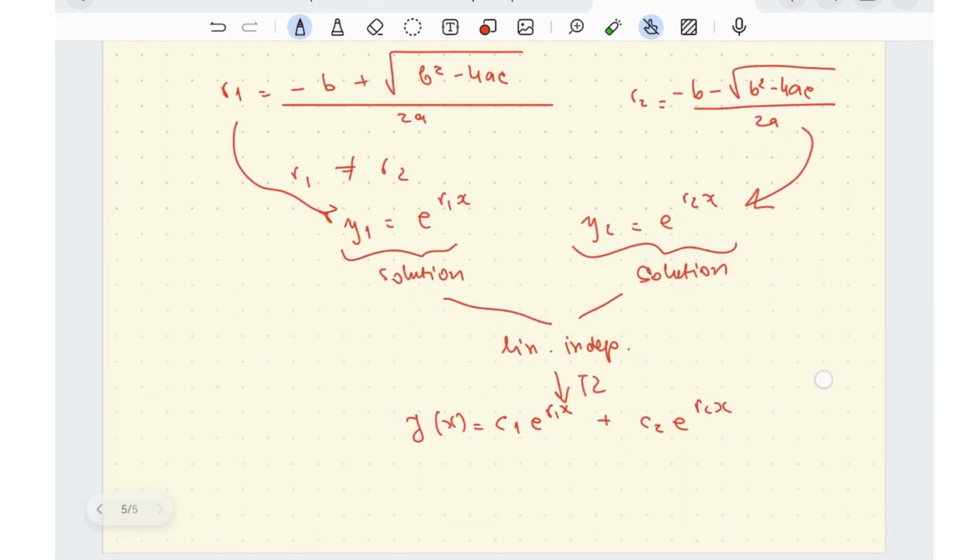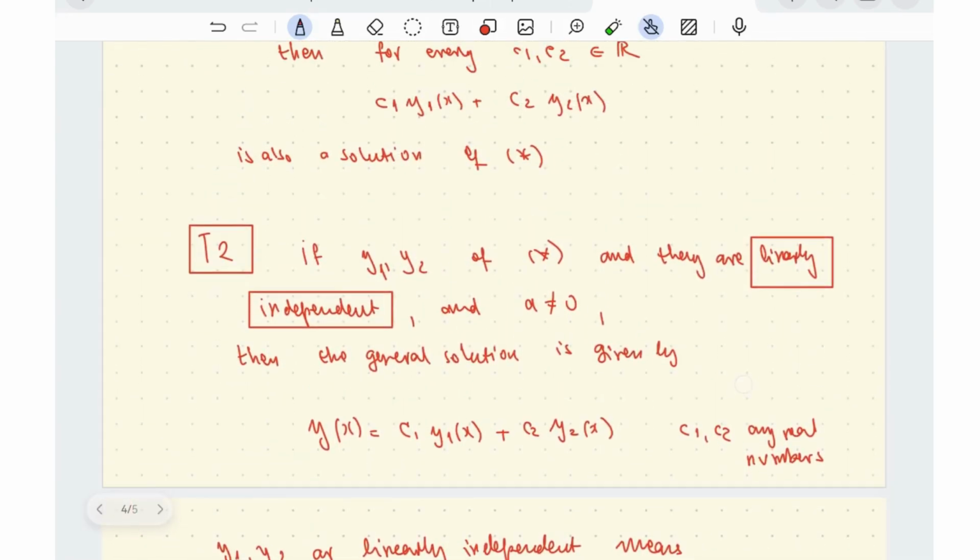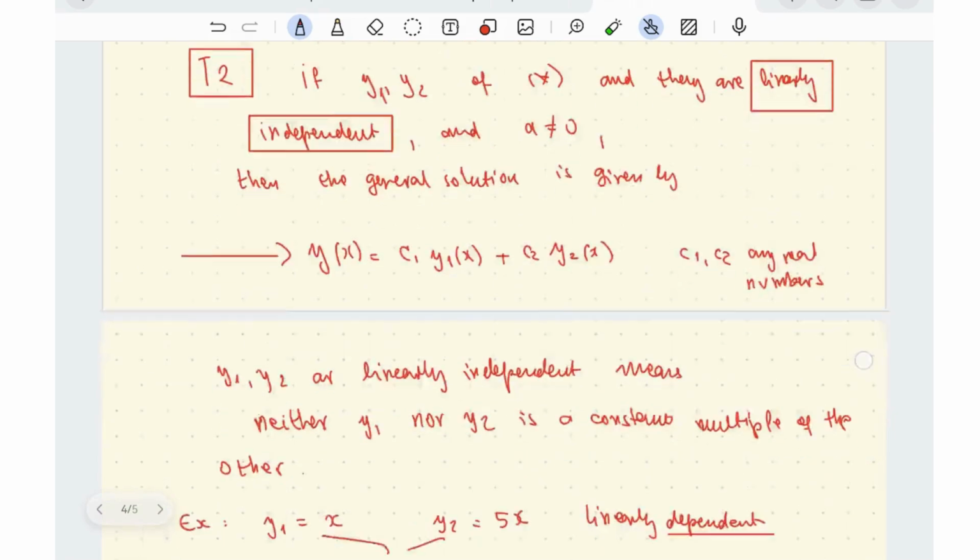Then they are linearly independent. So each such two solutions are linearly independent when the roots are different, and therefore the general solution, by theorem 2 here, has this form.